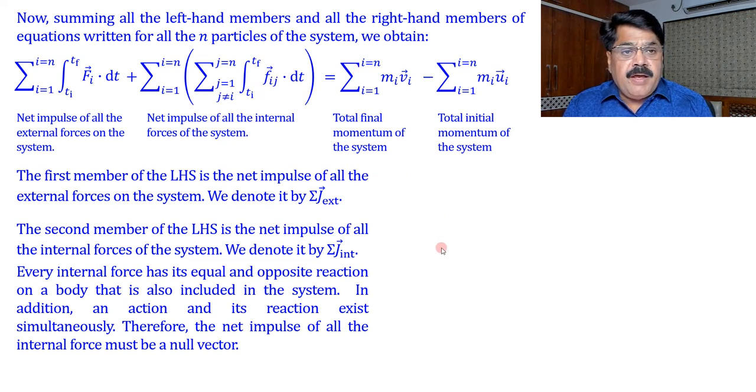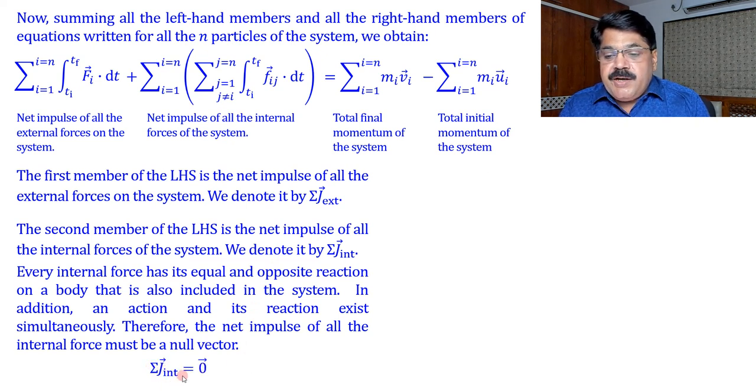Both the forces act for the same time interval, so their impulses cancel. In the same way, for each pair of internal forces, the net impulse will be zero. That's why the total impulse of the internal forces will be a null vector. So summation J internal total is a null vector. That is a very important idea.